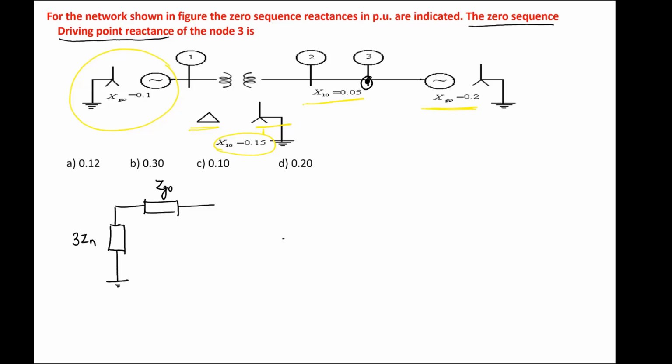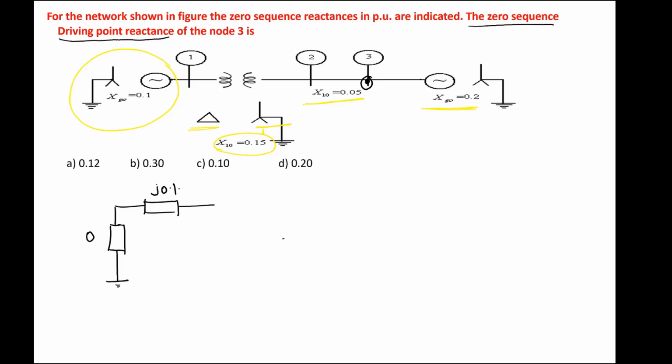Now you can see Zn: in what way is the star point grounded? It is solidly grounded, so the neutral grounding impedance is 0. So this value will become 0, and the Zg0 value is directly given as j0.1 per unit.